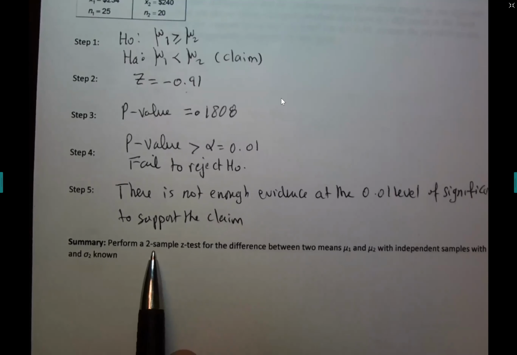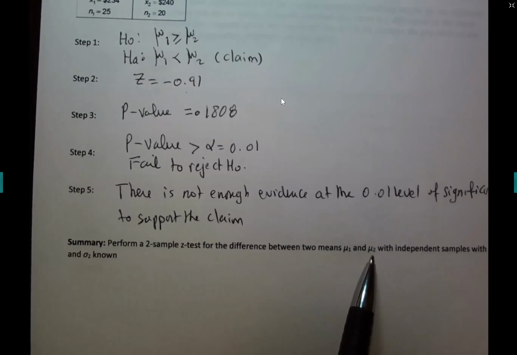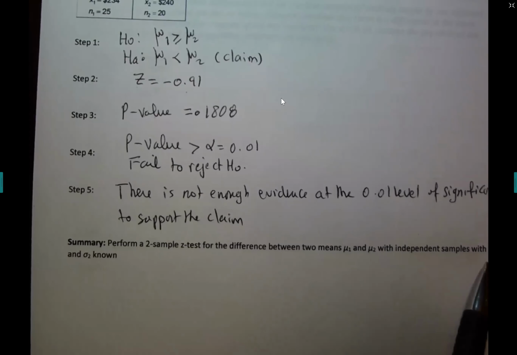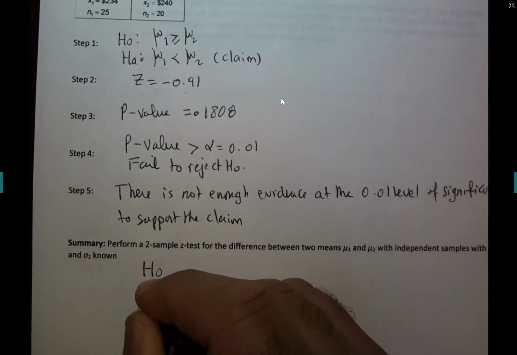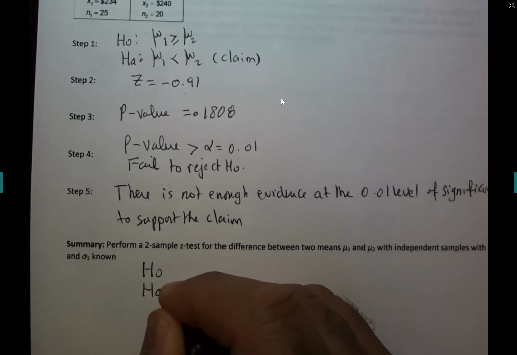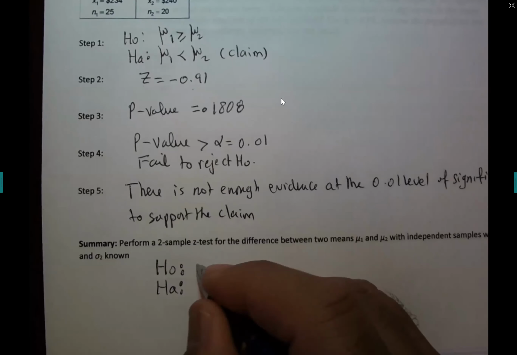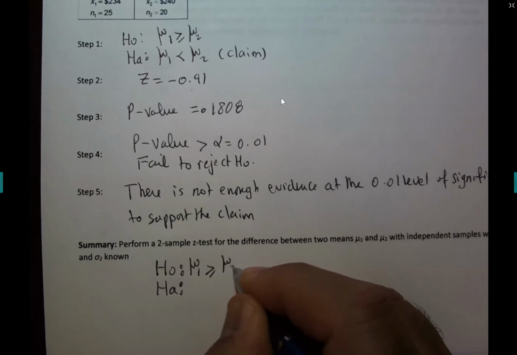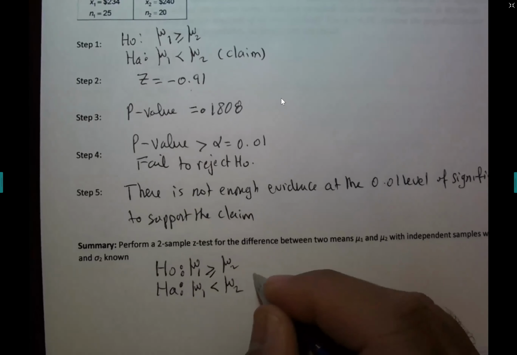So a summary: perform a two-sample z-test for the difference between two means, mu1 and mu2, with independent samples when sigma 1 and sigma 2 are known. If you go on YouTube, guys, or some other websites online, sometimes instead of listing the hypotheses like this, I'm going to show you another way to list them, and they are the same.